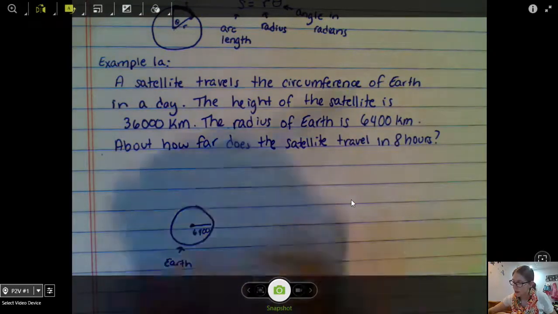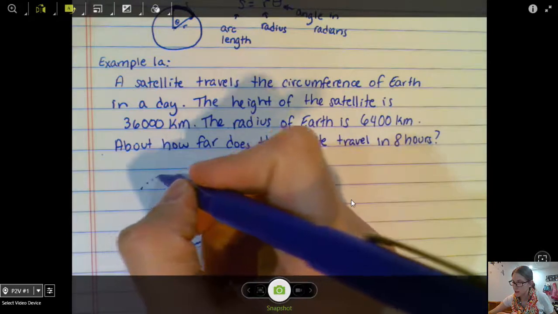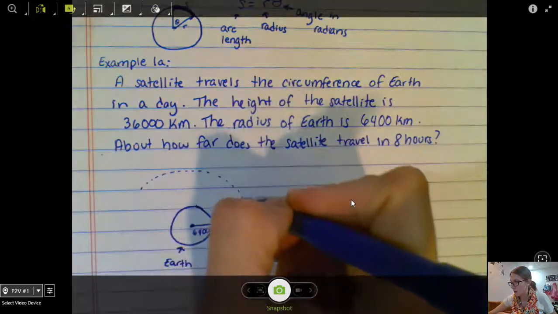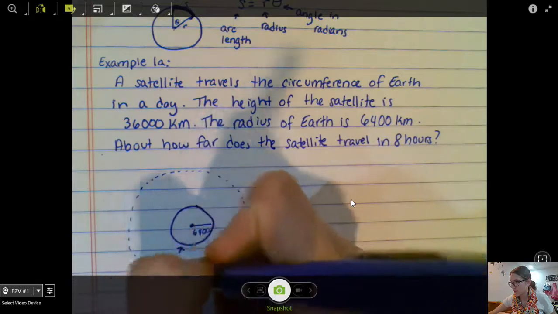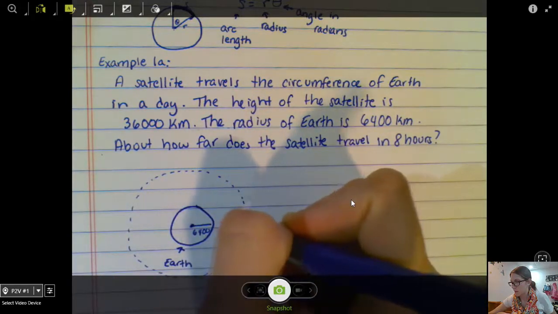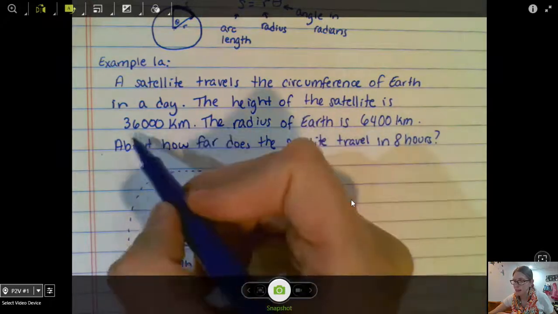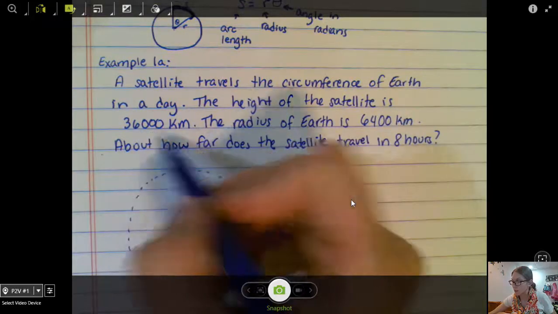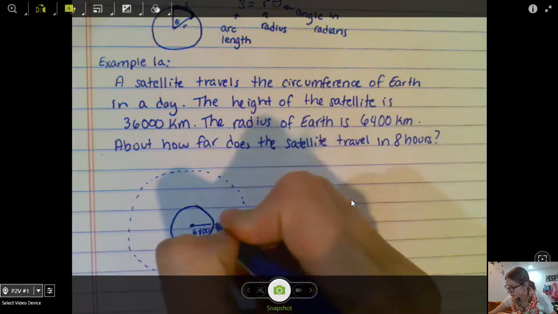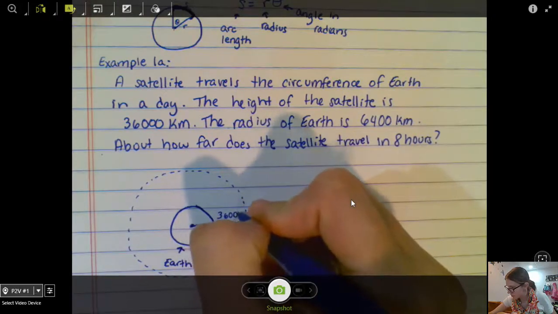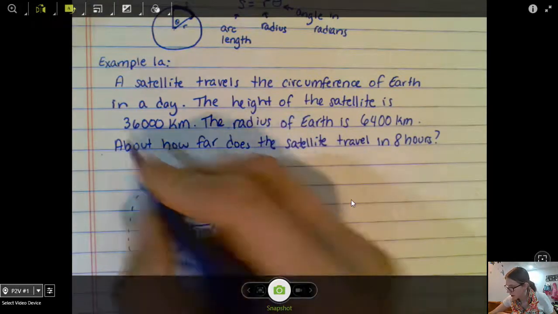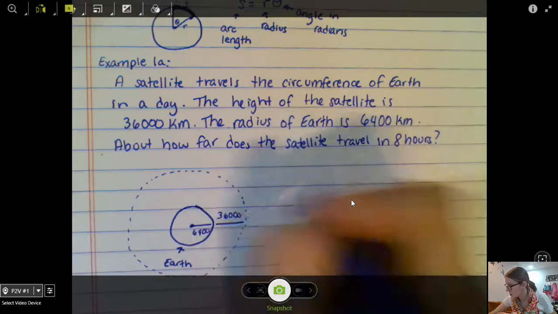Now I have the satellite that travels the circumference of Earth in a day. So a whole day travels all the way around the Earth. And this satellite is 3,600 kilometers. Sorry, 36,000 kilometers.